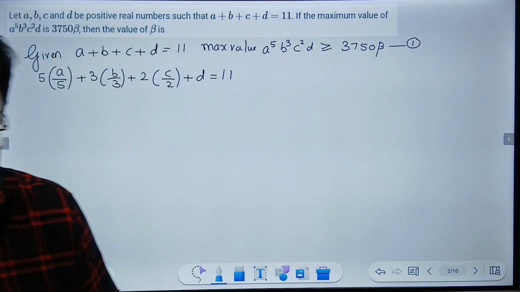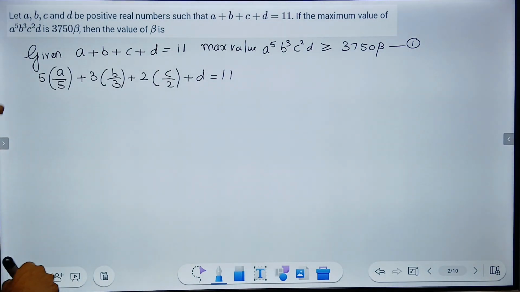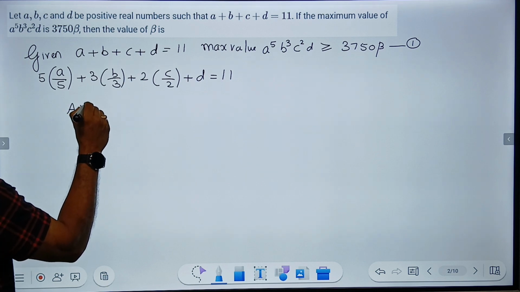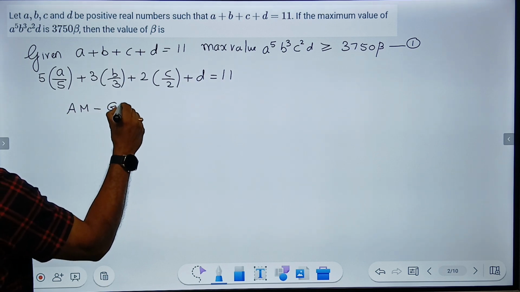Now, what is the question? A, B, C, D are all given. Now, I am going to use the arithmetic mean and geometric mean inequality.